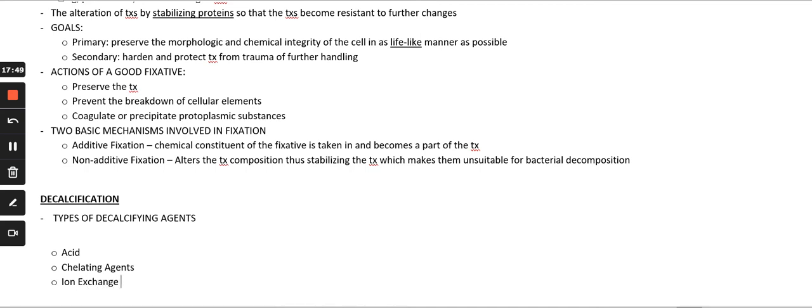Dugay kay ko makatype. Pasensya na. Resins. And then the last one we have electrophoresis, or also known as electrical ionization.